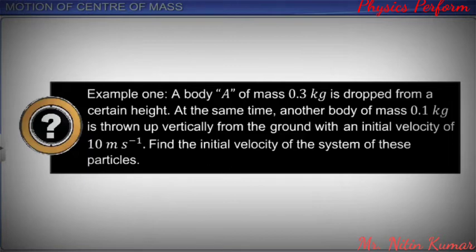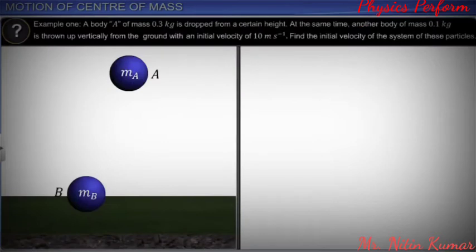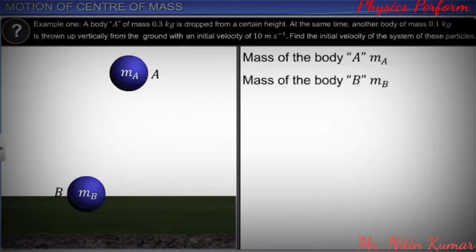For the body A, if mass of the body is ma, and for the body B, if mass of the body is mb, then ma is equal to 0.3 kg and mb is equal to 0.1 kg.